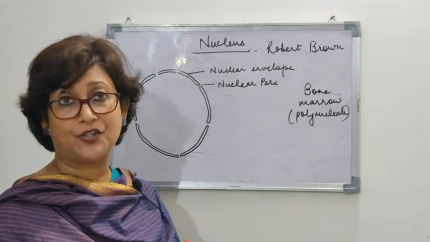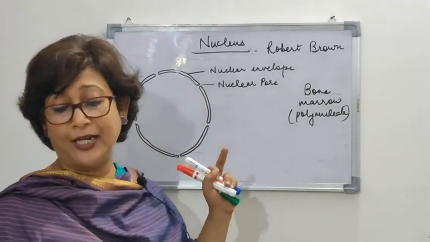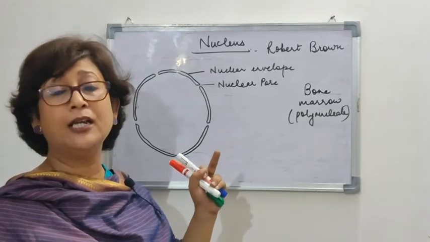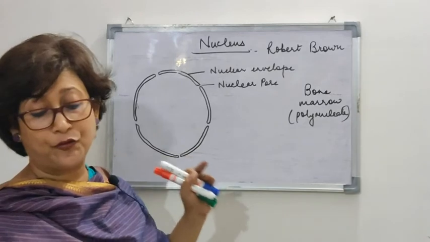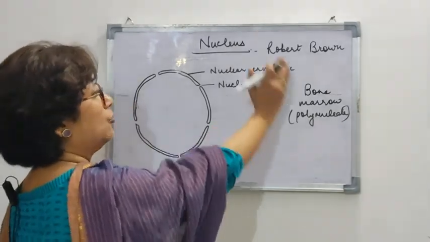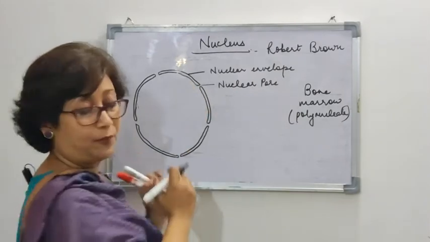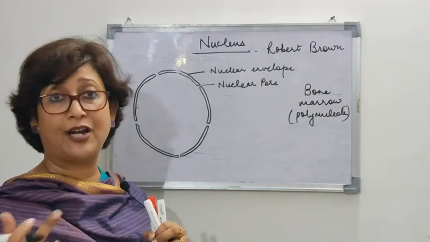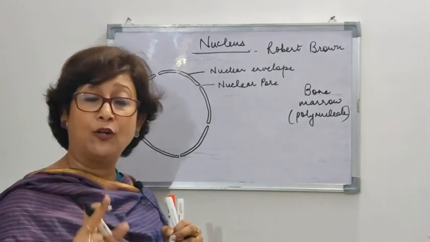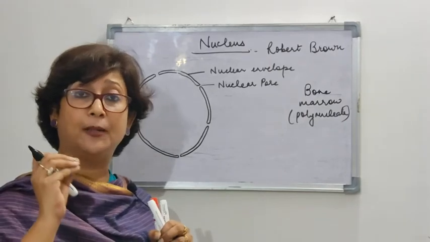Now we come to the ultrastructure, in which I explained the nuclear envelope, right? It bounds the nucleus on the outside. The nuclear envelope separates the nucleus from the cytoplasm. Outside the nucleus is the cytoplasm. So the nuclear membrane separates the nucleus from the cytoplasm, and it is made up of two lipoprotein trilaminar membranes. We talked about the biomembranes, or the cell membranes. They are made up of lipids and proteins.